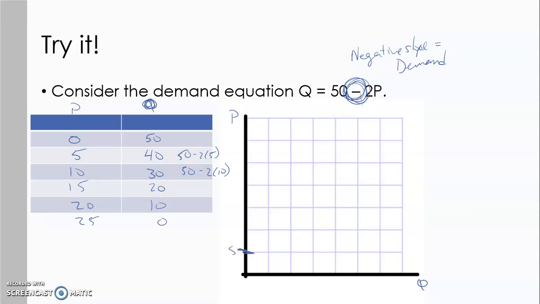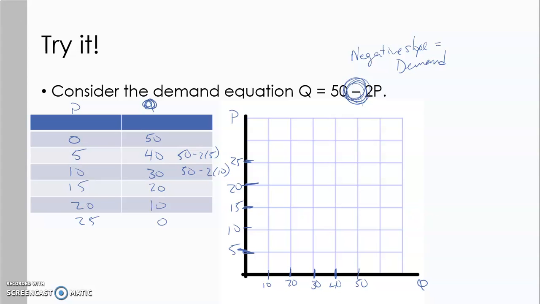For price, we're going to go 5, 10, 15, 20, and 25. And then for quantity, let's go 10, 20, 30, 40, and 50.